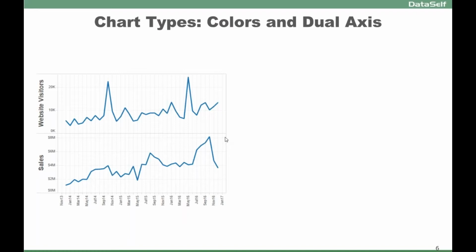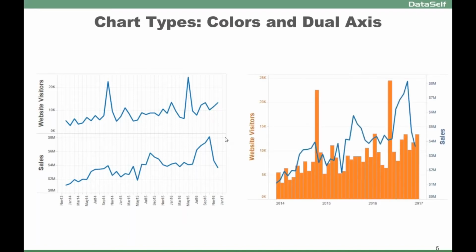Over time, as they experimented, eventually they got to this perspective, which is so much easier to read. We're using dual axis, and the color of the axis tells what the actual legend is. So the orange bars are for the website visitors, and sales is the blue line.